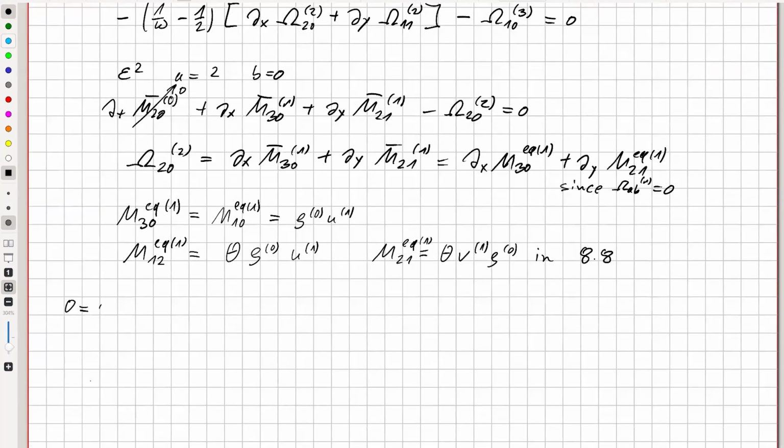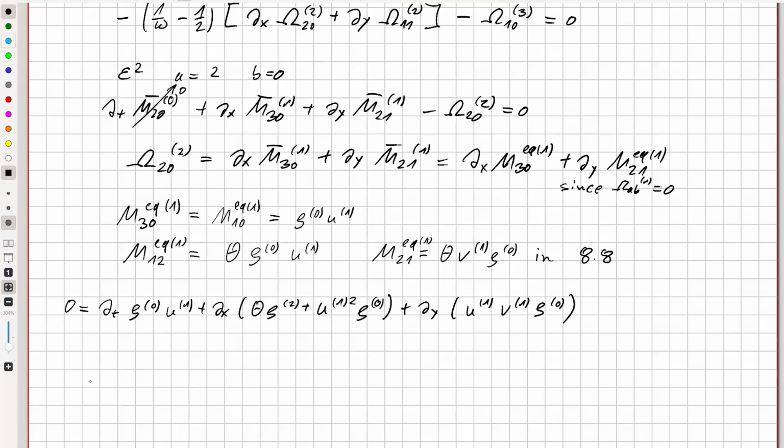So 0 is equal to dt rho 0 u1 plus dx theta rho second order plus u first order square rho 0 order plus dy u to the first order v to the first order rho to the 0 order.